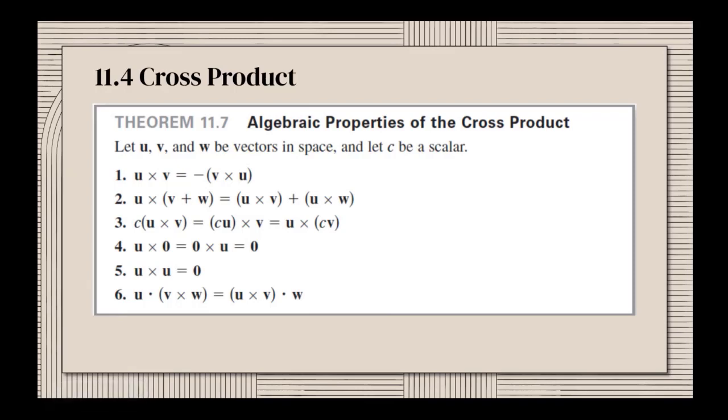And last, if you take the dot product of two vectors crossed, you can do that in the opposite way as well. You can do u dot (v cross w), or you could do (u cross v) dot w, and you would get the same solution.